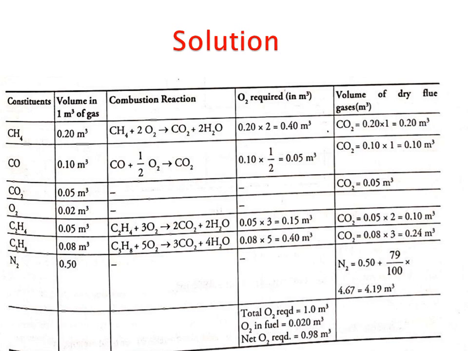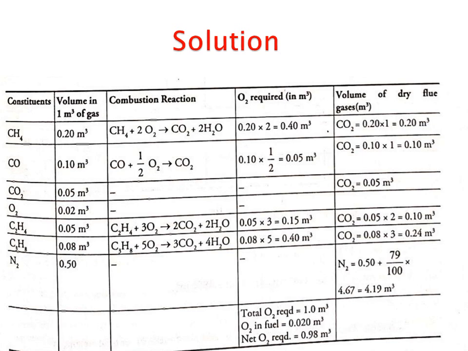Now since 0.02 meter cube is also present in fuel, that is to be subtracted. So total oxygen required will be 0.98 meter cube. Now from this we can calculate the minimum volume of air that is to be supplied.